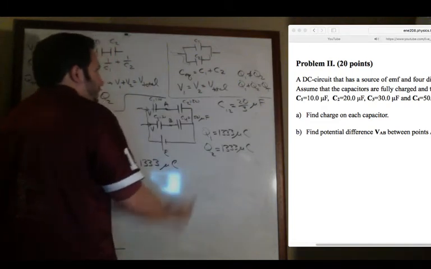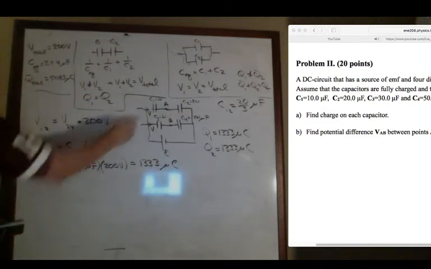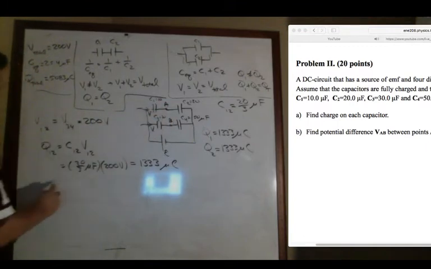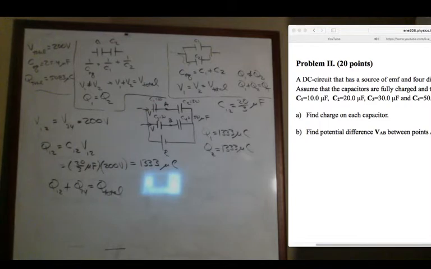And so what that means is that Q12, the charge that goes through both of those, plus the charge that goes through 3 and 4, Q34, is equal to your total charge. And guess what? Our total charge is 5,083 microcoulombs.